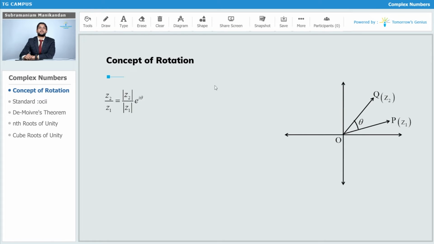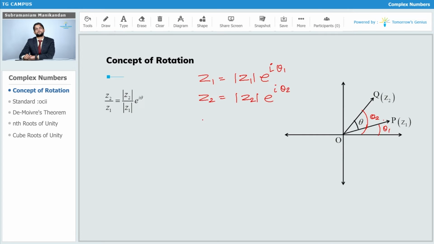So therefore, each of these can be written as its magnitude times e to the power of i theta 1, where theta 1 is the argument of this complex number. Similarly, z2 is given by magnitude of z2 times e to the power of i theta 2. So it's given by this theta 2.